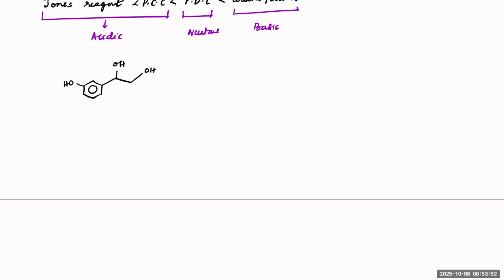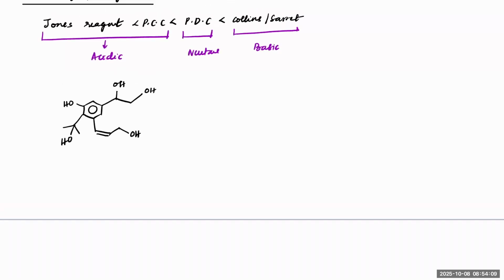Then I have a double bond group here like this with another OH here. And let's say one more position where you have an OH group here like this. Now for this compound, let us see what reactions are going to happen in different cases. First, let us talk about copper and heat.